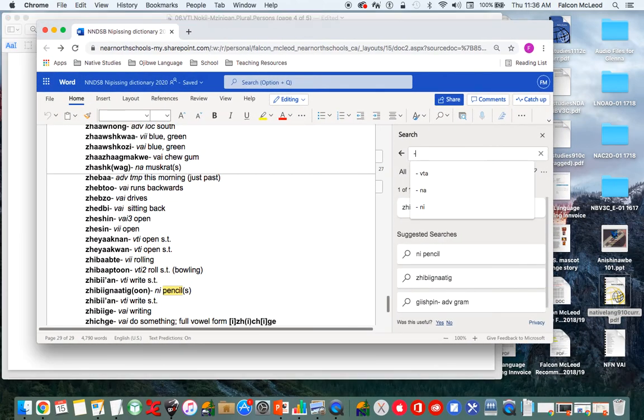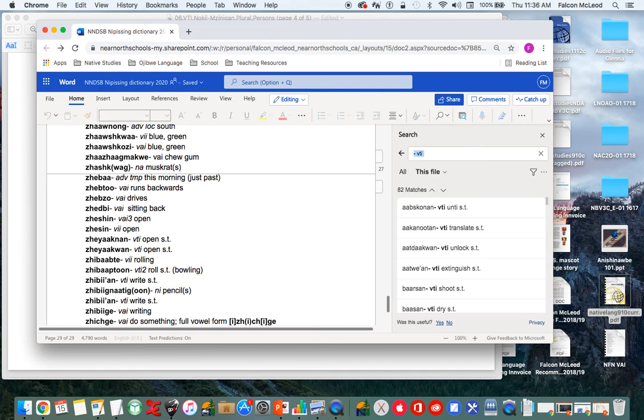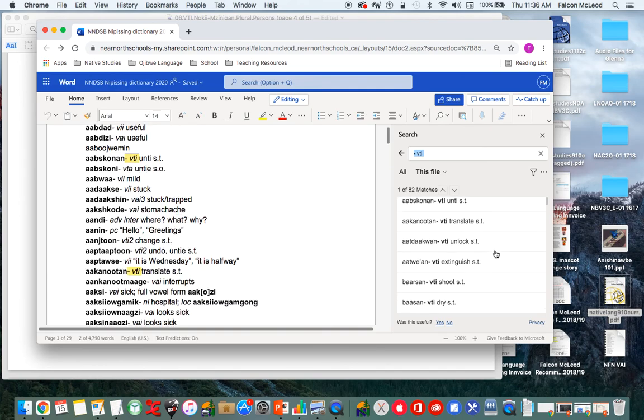So let's go with space blank VTI space search. So let's pick one for me to use.